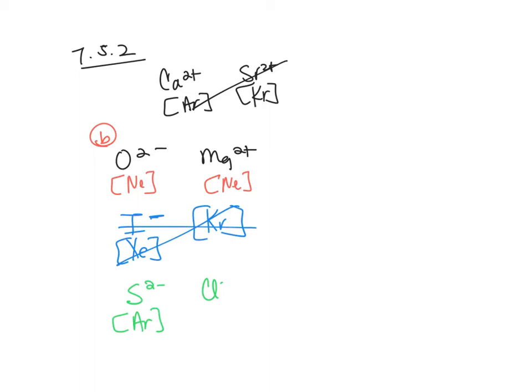And then you look at Cl-, and you only have to move up 1 spot, and that's argon. So these are isoelectronic. So we will say D is an answer, so B and D. Helium and hydrogen, that is not, because hydrogen +1 has nothing, right? There's no electron there.